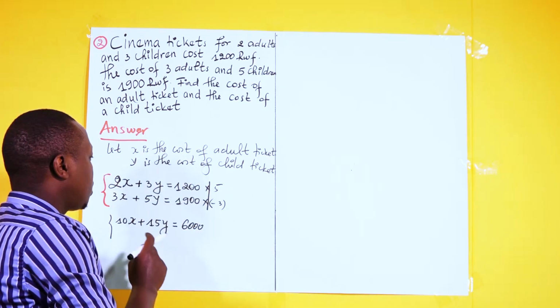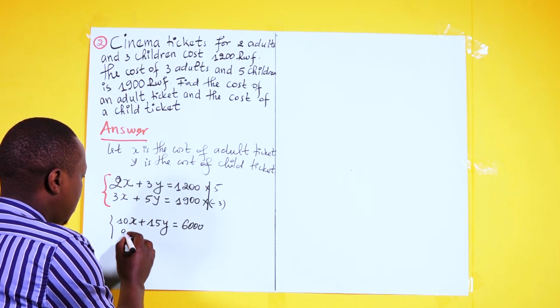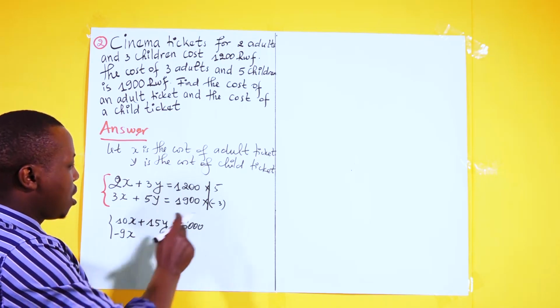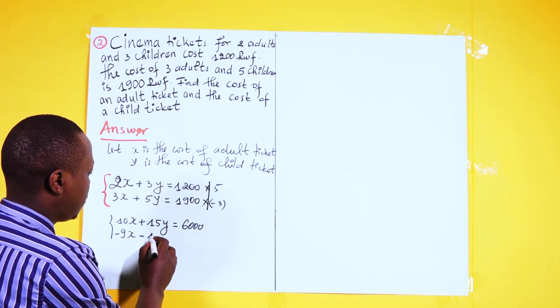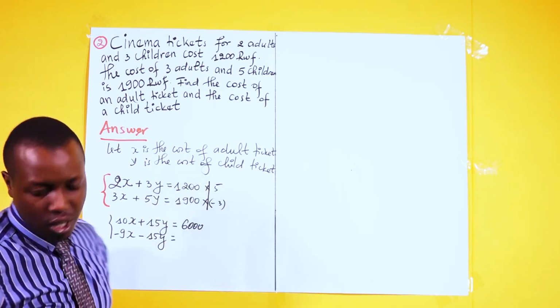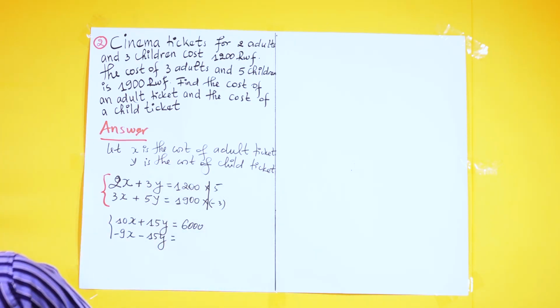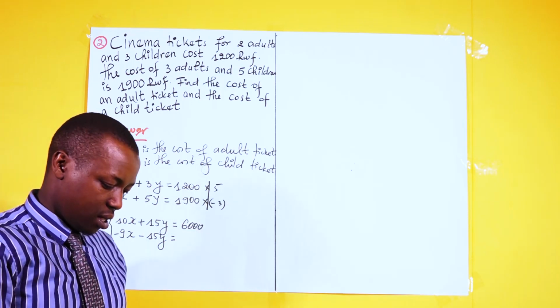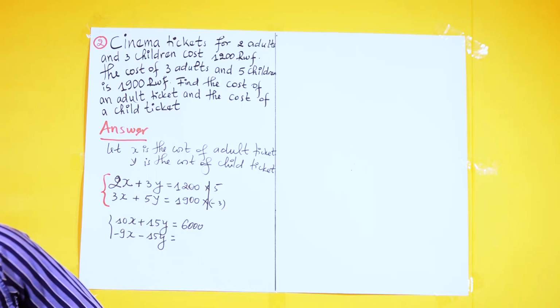By multiplying by -3 here, it is -9x and -15y, and this is equal to 19 times 3.